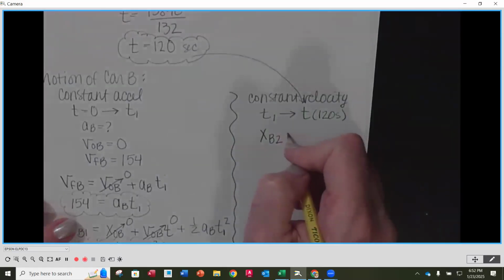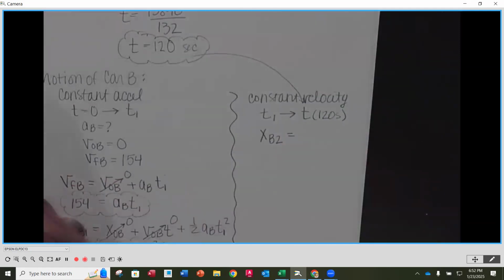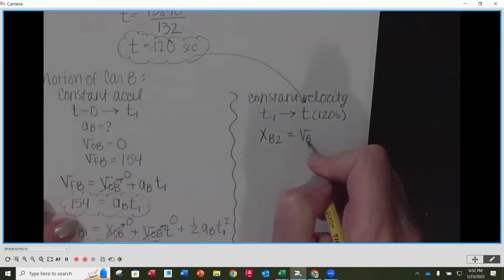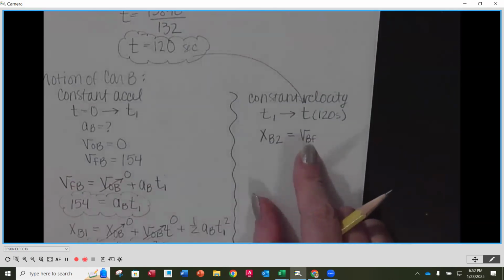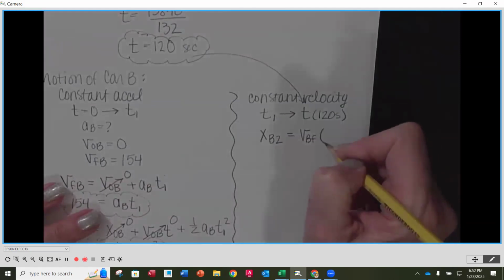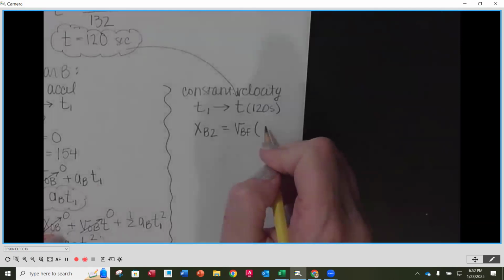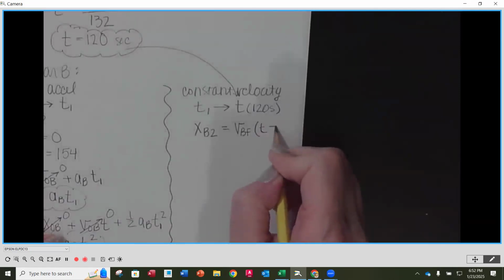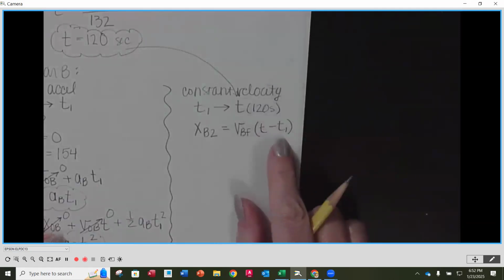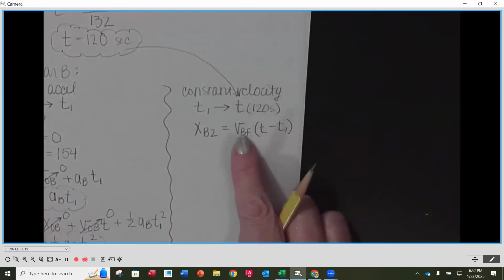That is equal to the velocity of B final, when it gets to its 105 miles per hour, which is 154 feet per second, times the time. We know the ending time is 120, minus T1. We don't know what T1 is yet, but we know this value.